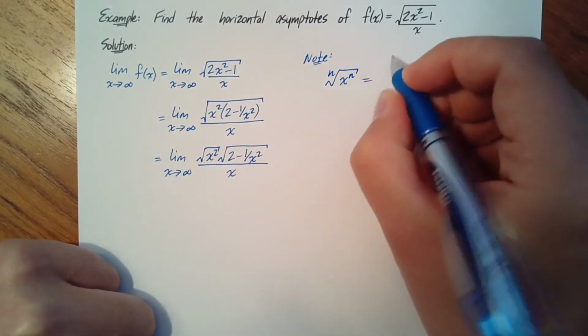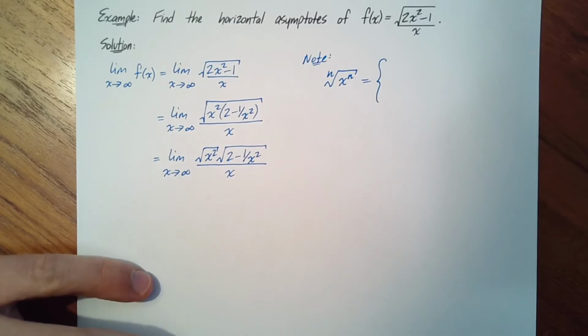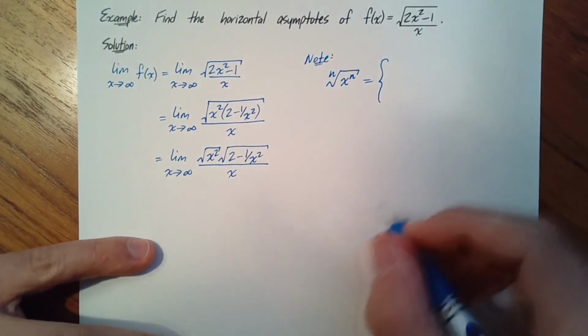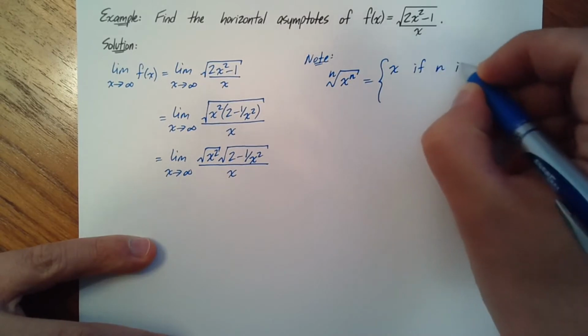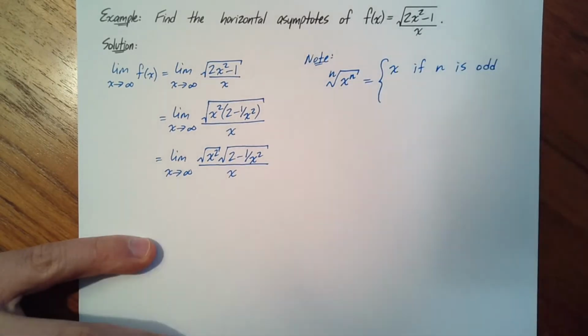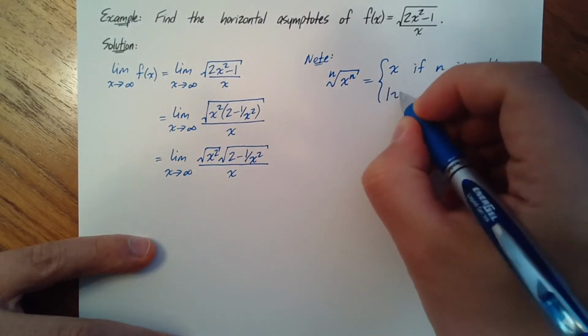And the answer is sometimes. Roughly half the time you'll get x back, and the other half of the time you'll get the absolute value of x back. So here's the full story. It's just x if n is odd. But if n is even, then it's going to be the absolute value of x.